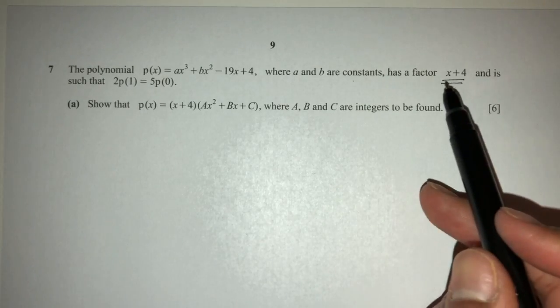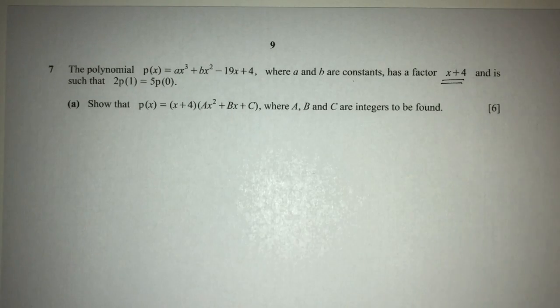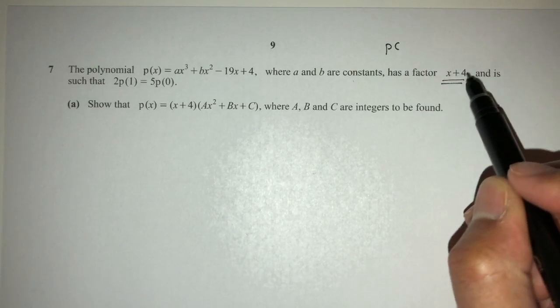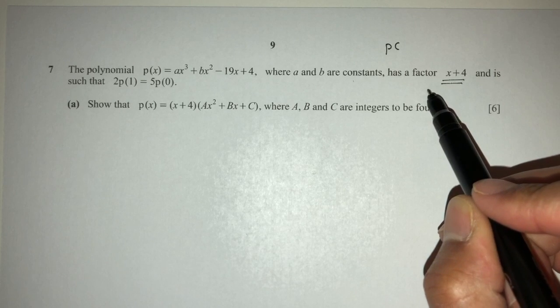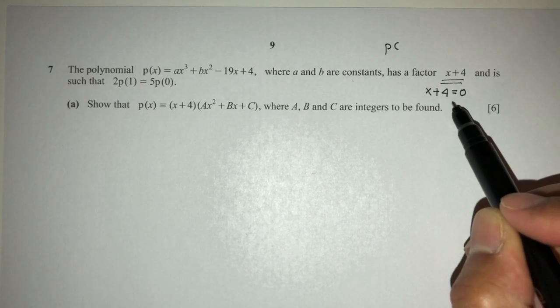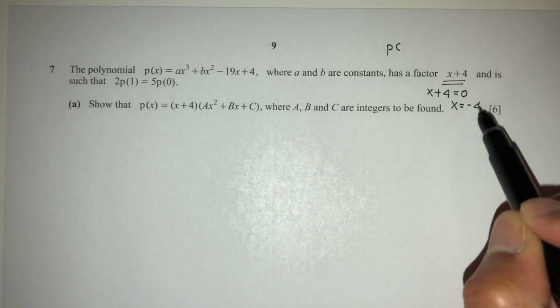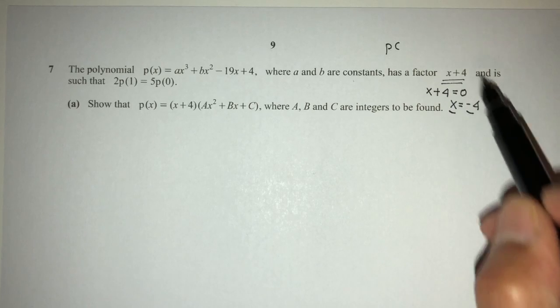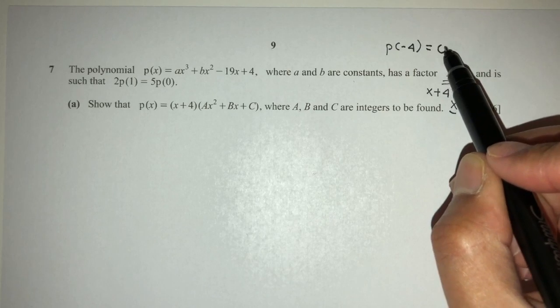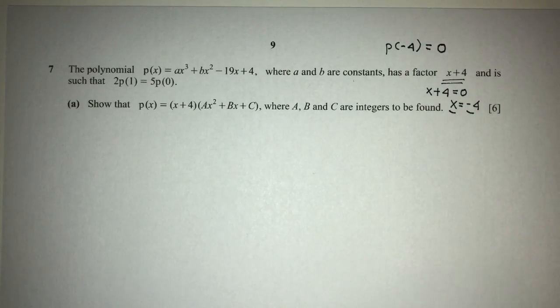So one thing we have to think whenever an expression has a factor is we have to use the remainder theorem, which means that if you want to put the value of x, so what is the value of x? We have to do x plus 4 is equal to 0, so x will be minus 4. So if you were to put the value of x to be minus 4, that will give you a remainder of 0.